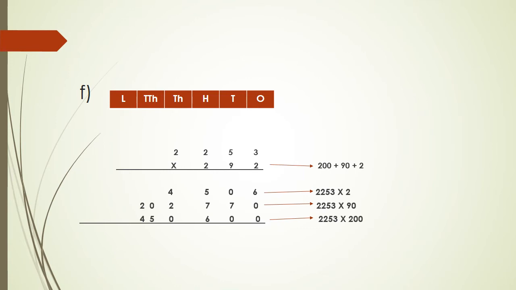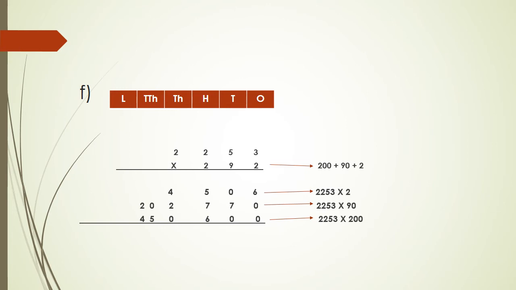Then 2 times 5 is 10. 1 carry over. Then 2 times 2 is 4. 4 plus 1 is 5. Then 2 times 2 is 4. Fourth step is over.